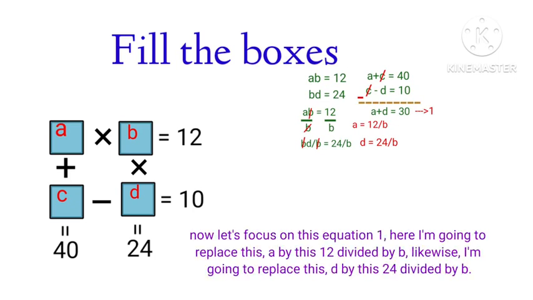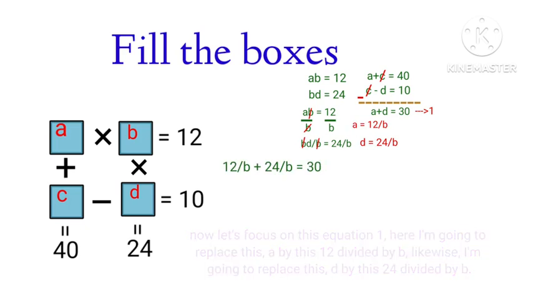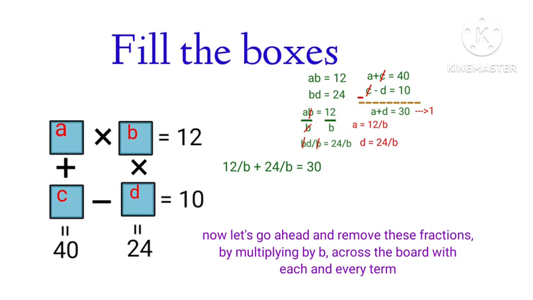Now let's focus on this equation 1. Here I am going to replace this A by this 12 divided by B. Likewise, I am going to replace this D by this 24 divided by B. Now let's remove these fractions by multiplying by B across the board with each and every term.